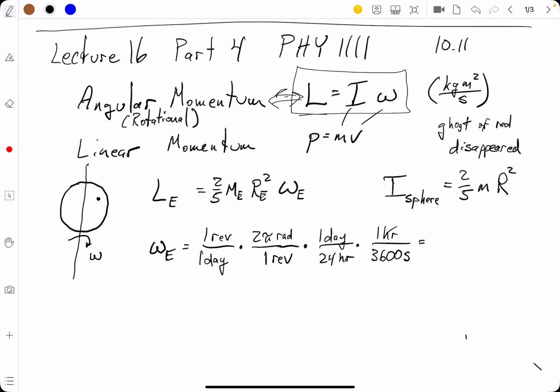So we can get rid of the hours, the days, and the revolutions. We're left with radians per second. And what is that? That's 7.27 times 10 to the minus 5 radians per second.